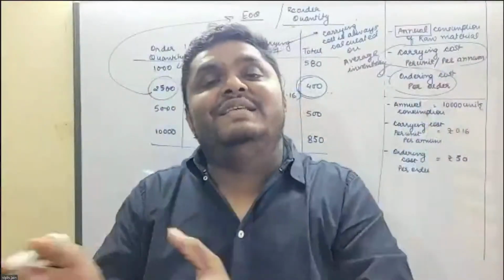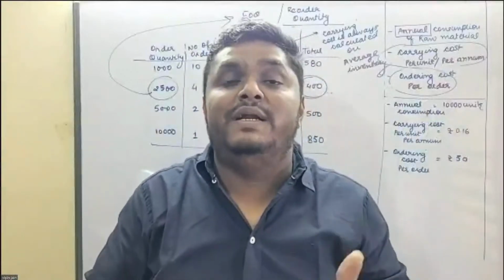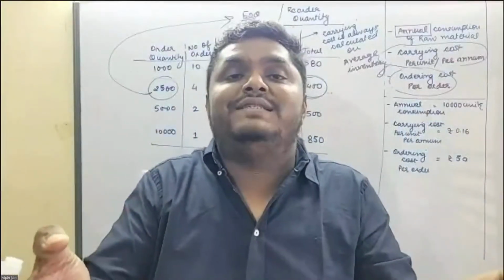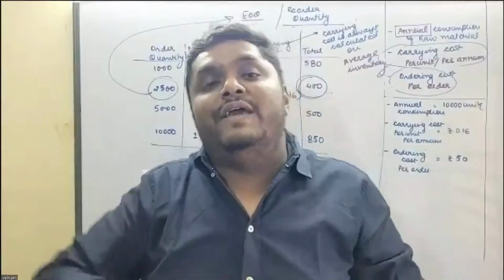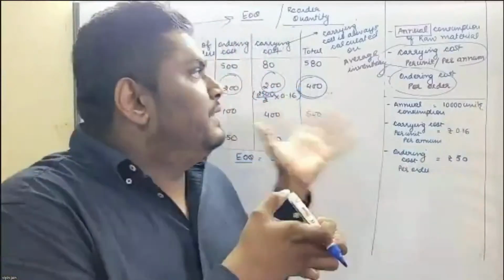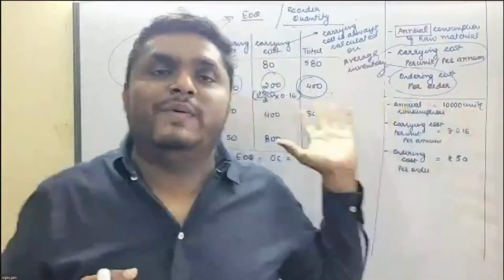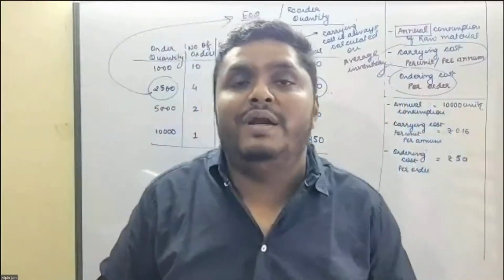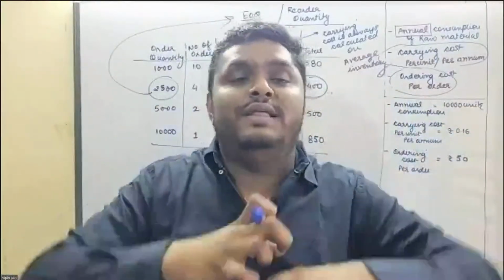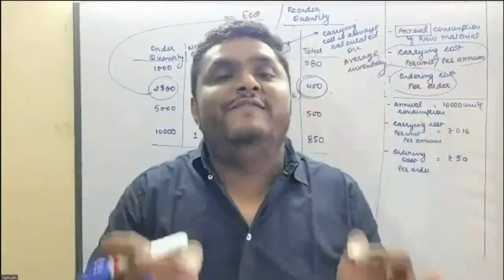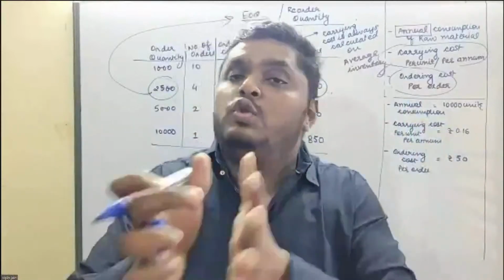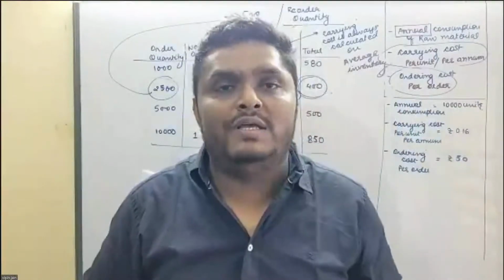Guys, I'll be discussing the formula also that is given in the study material, but how this formula is derived, why we are doing this, what is the reason behind this formula, that also need to be discussed. So that's why I have done all this exercise to make you understand that costing is, there are no formulas in costing. Everything is based on concept. If you are thorough with the concept, you can frame formulas on your own.